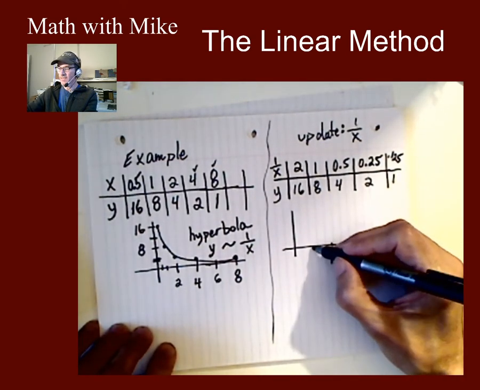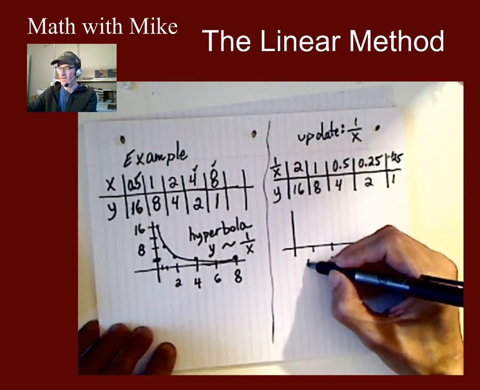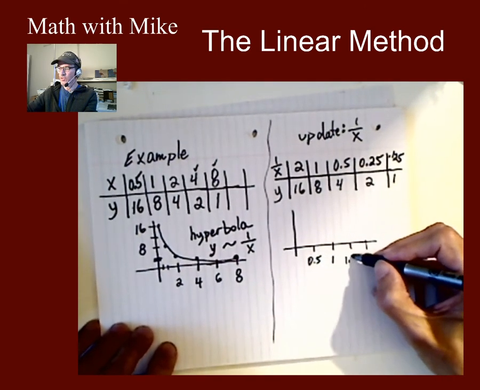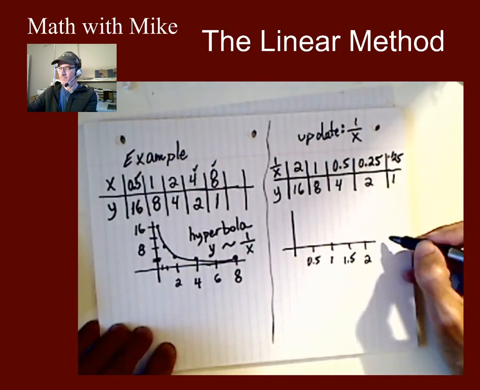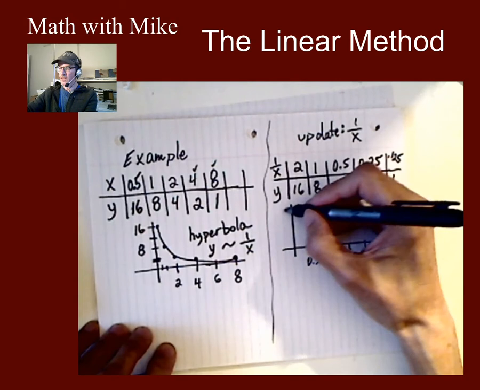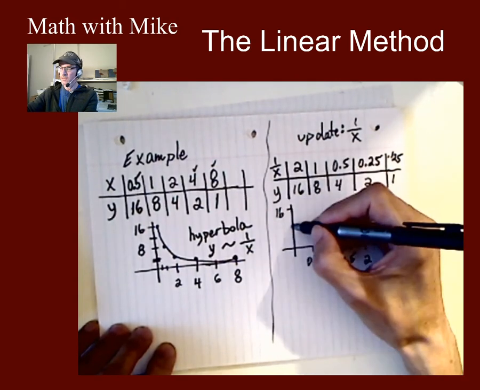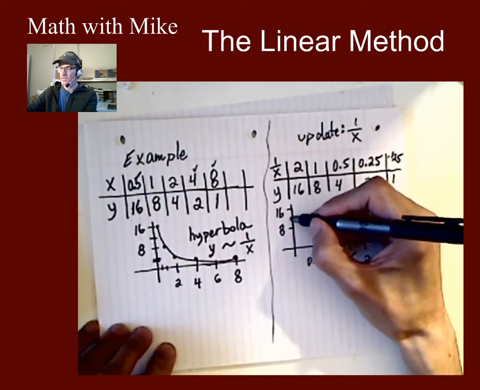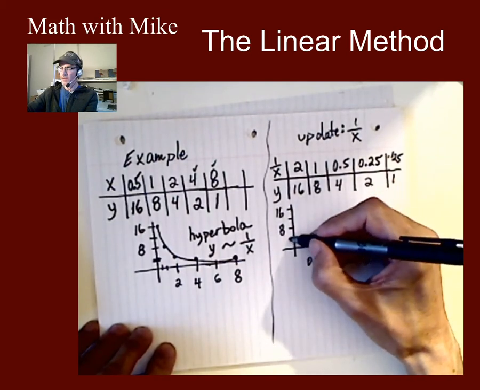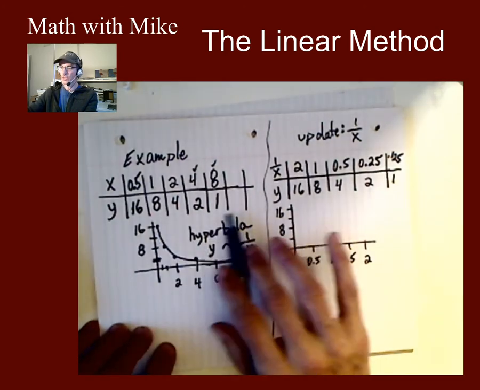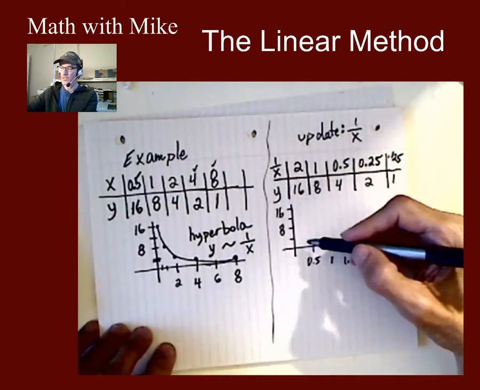Split it in half again to get the 0.5s, and then that should be good enough for this construction. Same trick, go up to 16, split it in half, 8. We'll get our 12 again and our 4 again, just like over here. Remember, the y's don't change, so in this direction it's the same.